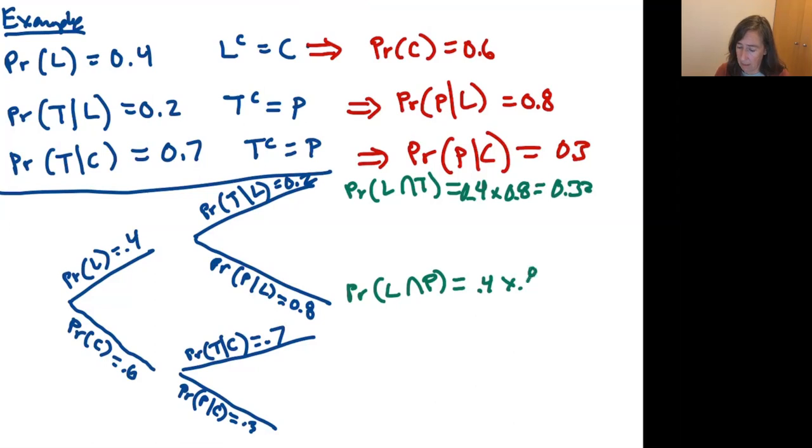I think I wrote some bad numbers up here. 0.4 times 0.8 is 0.32. Let's go back and look at what I wrote here. This is the probability of being liberal, but this is not the probability of being traditional, conditional on being liberal. That should be a 0.2. So that needs fixing. Let's fix it.